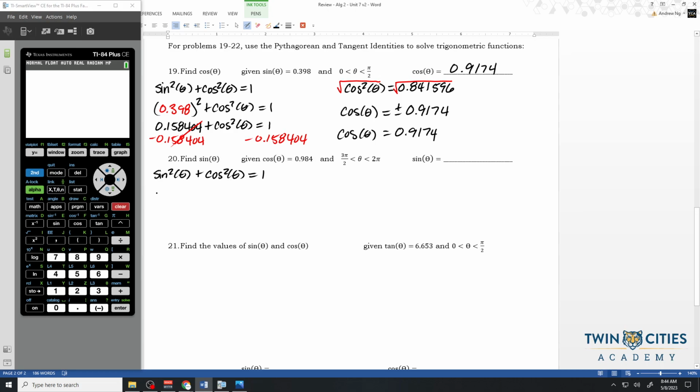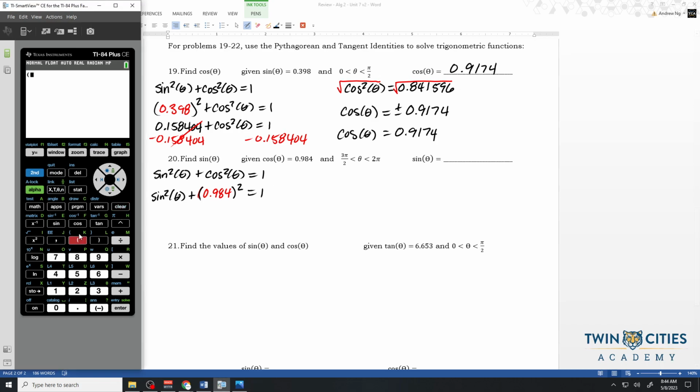So this will be sine squared of theta plus, now instead of cosine squared, we're going to do cosine is 0.984. So 0.984 squared. This is going to be equal to 1.